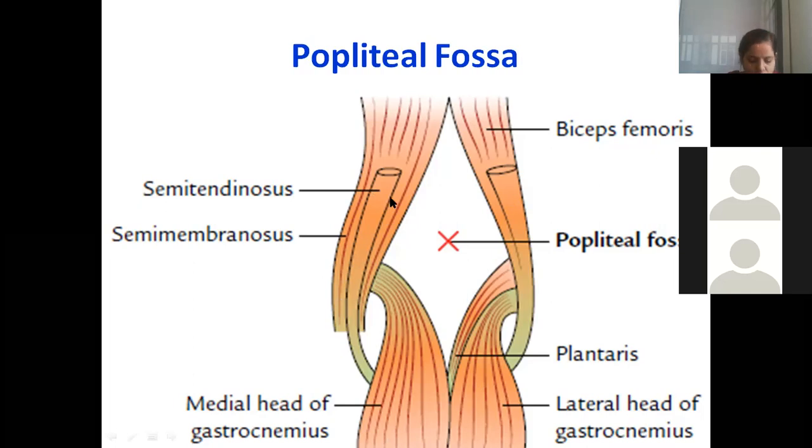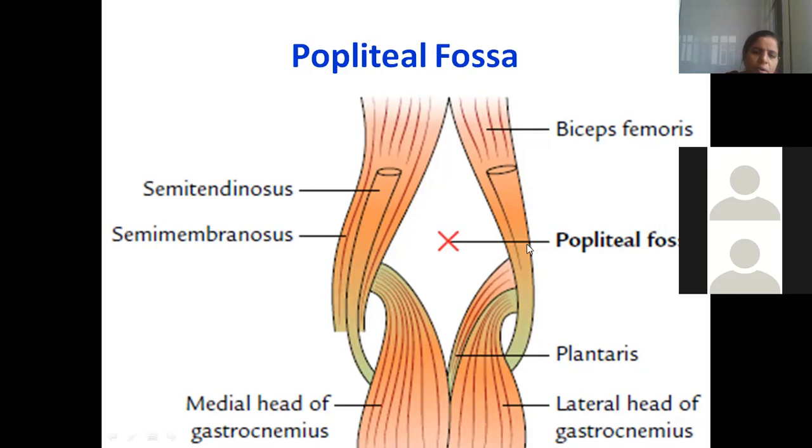Which are the muscles in the superomedial? Semimembranosus, semitendinosus. Superolaterally, what muscle do we have? Biceps. The inferomedial boundary is the medial head of gastrocnemius. The inferolateral boundary of the popliteal fossa is the lateral head of gastrocnemius, which is also supported by plantaris.